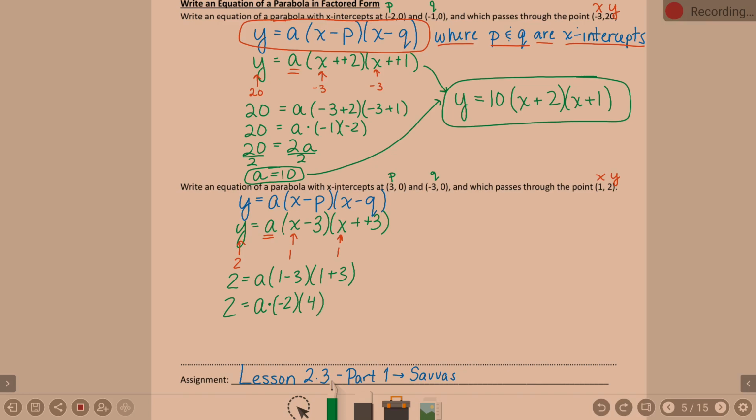So now I have A times negative 2 times 4. Well, negative 2 times 4 is negative 8. So I have 2 equals negative 8A. Be careful. How do I solve for A? Divide by what? Okay, divide by the one attached to the A, right? So we're dividing by negative 8.